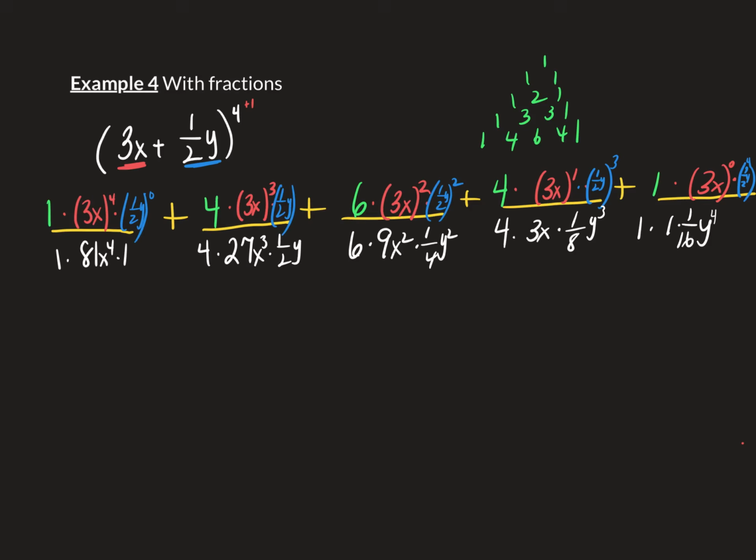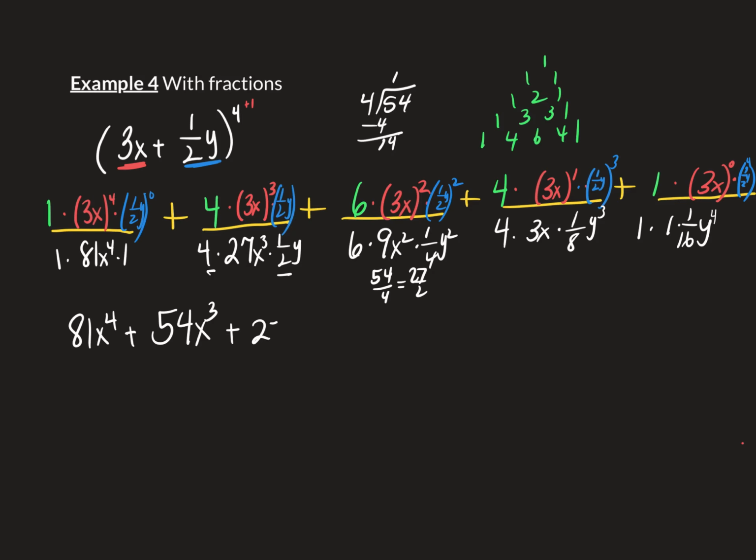Now let's do the multiplication there. The first one is 81x to the 4th plus 4 times 1/2. I'm going to do this multiplication first. 4 times 1/2 is 2. 2 times 27 is 54x to the 3rd y. 6 times 9 is 54. 54 times 1/4. Oh, it doesn't work, so it's going to be a fraction. 54/4, which would be 27 over 2.